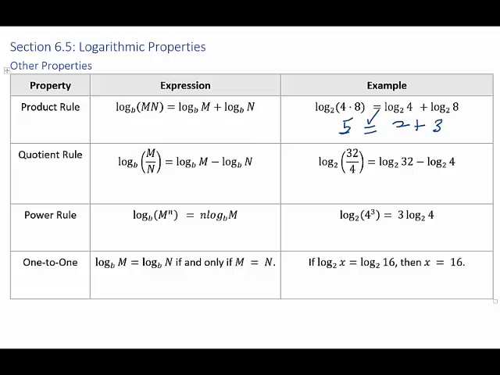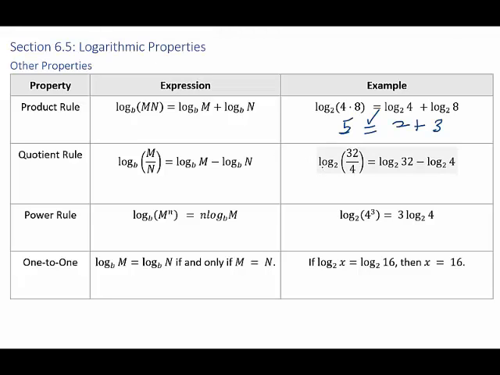The quotient rule says log base b of m over n is equal to log base b of m minus log base b of n. In other words, this is similar to the quotient rule for exponents, which says when you divide powers that have the same base, you subtract their exponents.